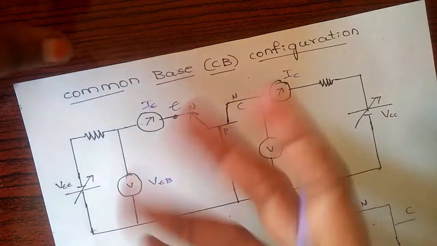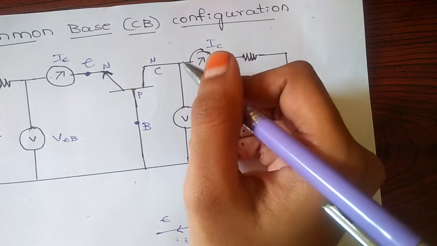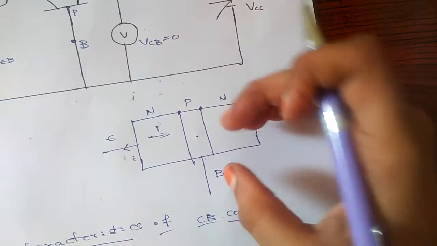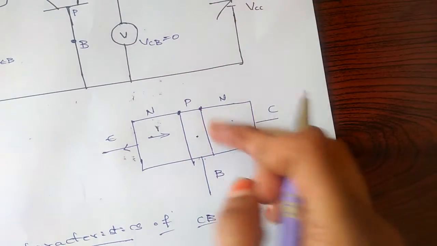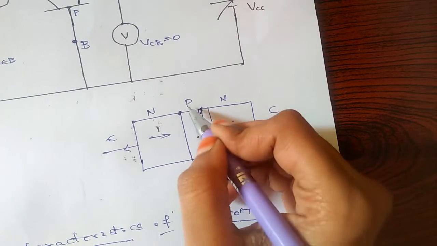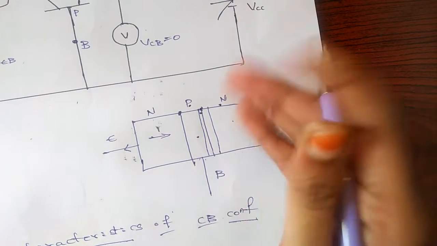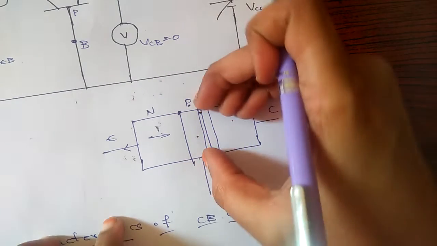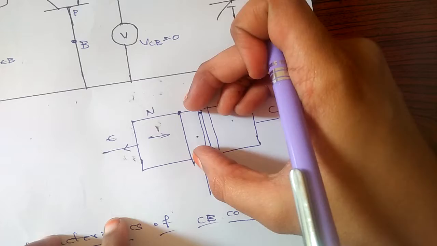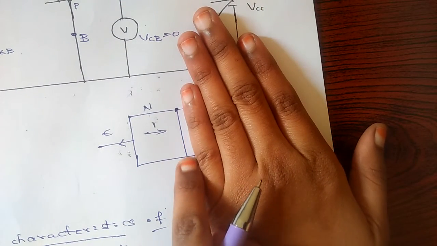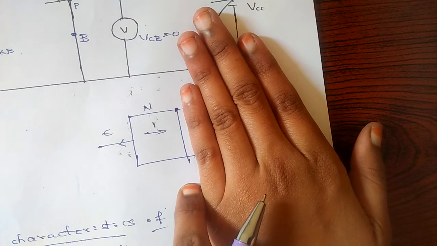The next point to be noted is that whenever you increase VBE, the emitter current will increase. Why so? Whenever you increase this VBE, the N region will move outwards, but the junction between the base and collector, the depletion region, penetrates deeper into the base region. Then the base current that is flowing outwards will decrease.